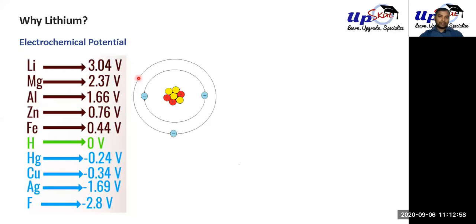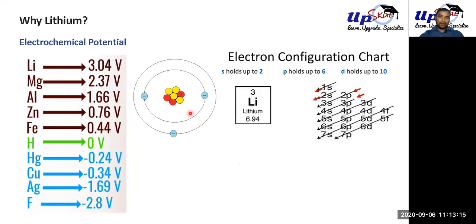Here you can see this is an electron, and this is an atom of lithium. If you are still in practice with chemistry, you would know this. We have the orbital chart. The first orbit is our 1s orbit, and S orbits hold 2 electrons, so we have crossed it.